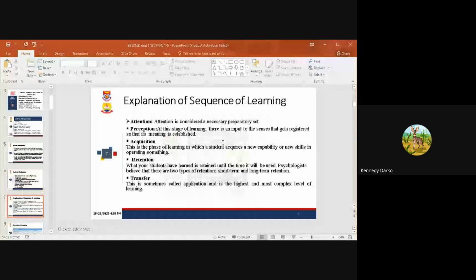All right. Now, when it comes to the sequence, what do we mean when we say sequence of learning? We are looking at attention. The attention is considered a necessary preparatory step. The math teachers, science teachers, music teachers, they want to get the attention of the students.